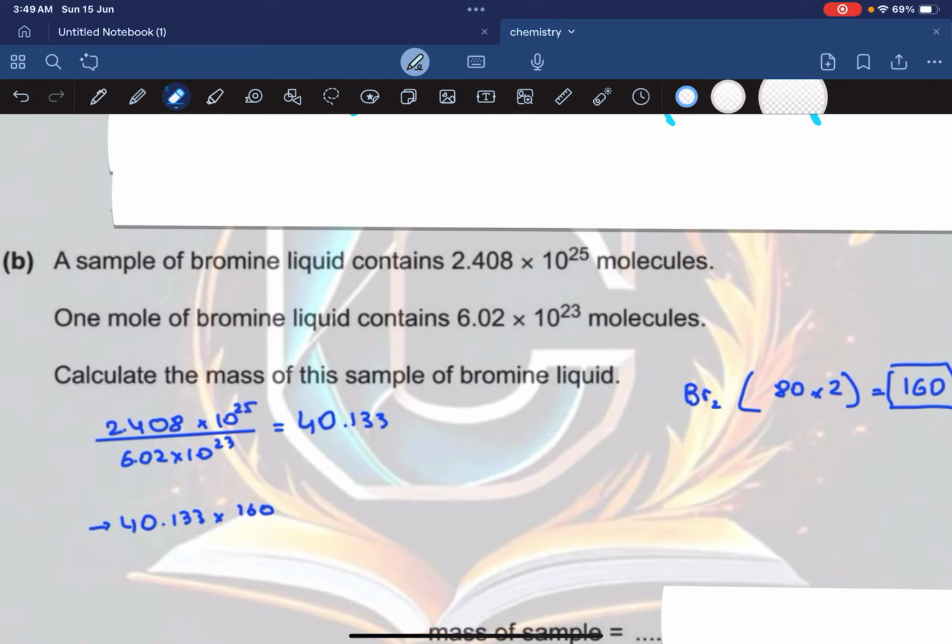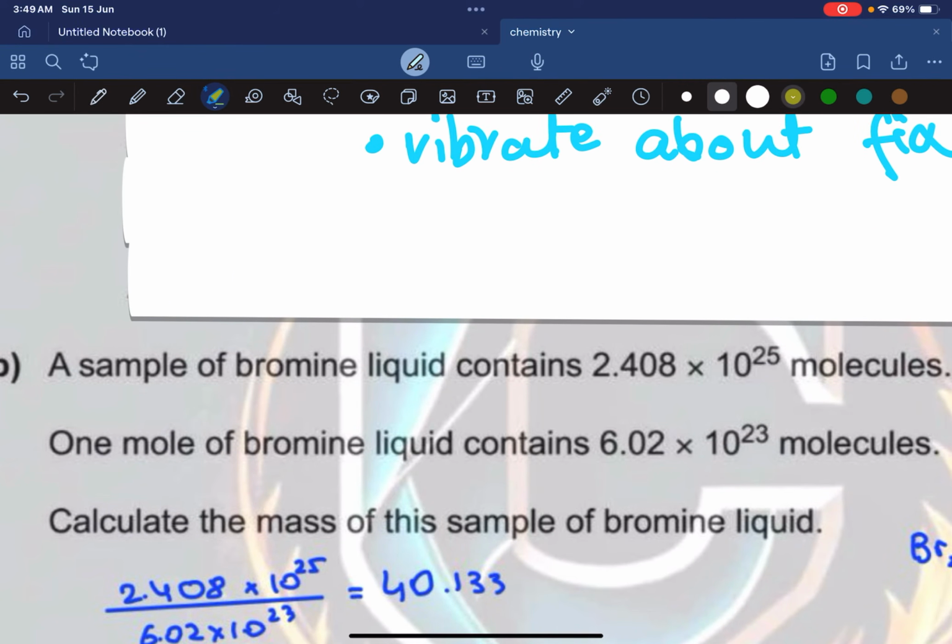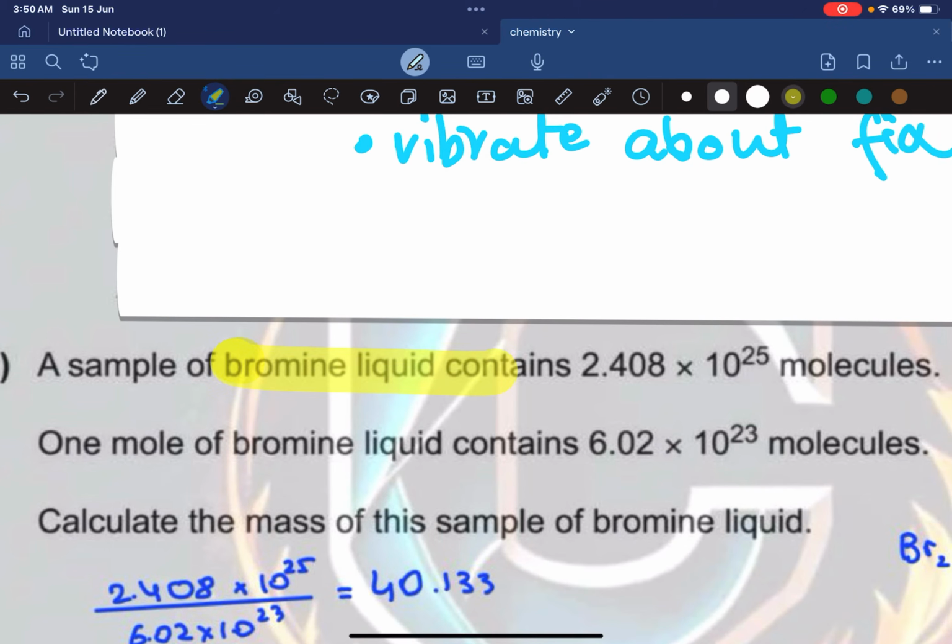Let's try to digest this question. It's easy, but it's given in a bit trickier form. You have bromine liquid and it contains these many molecules. One molecule means two atoms covalently bonded.